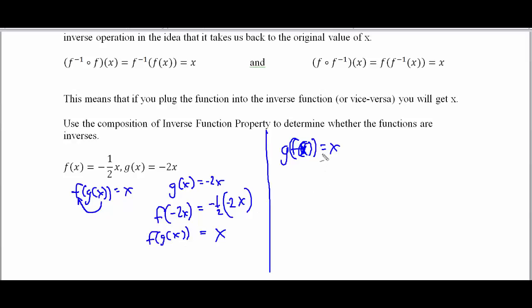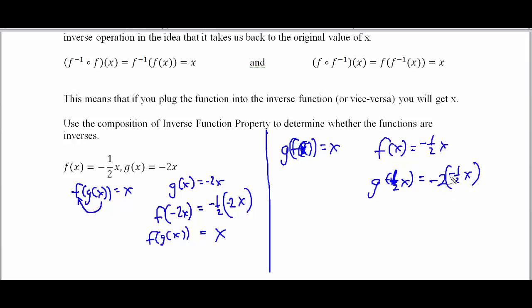Now I have to try it the other way to make sure it works. Maybe I made a mistake this way, so it's best to check it the other way. So I start off with my f of x, which is negative 1/2 x, and I'm going to plug it into g of x. So g of negative 1/2 x is going to be equal to negative 2, and then parentheses, negative 1/2 x.